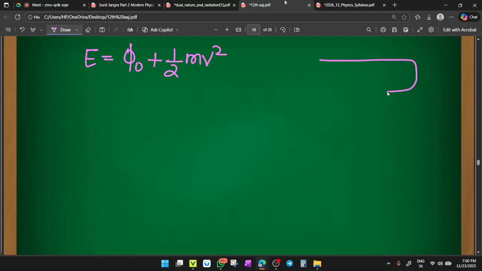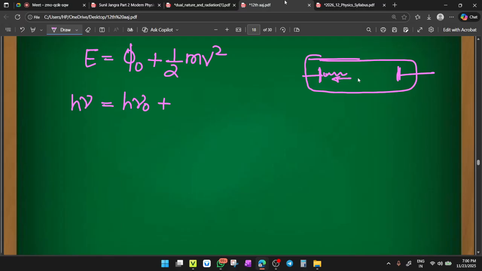As we know, total energy E is spent in two forms, that is phi naught plus half mv square. Clear? And what is stopping potential? Stopping potential is the potential that is used to suppress, to control this energy. Means in the place of E you can write h nu, here h nu naught, and here half mv square.